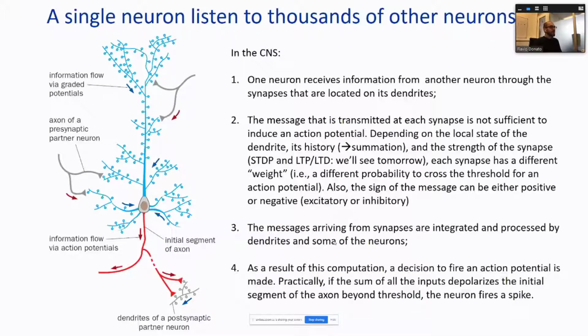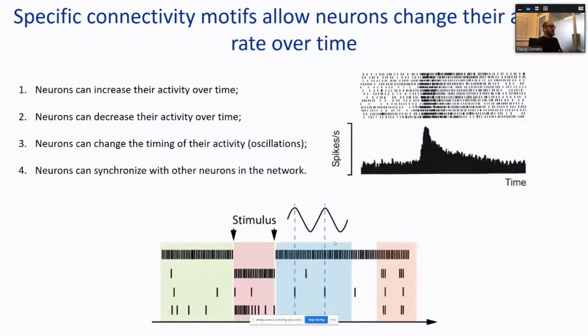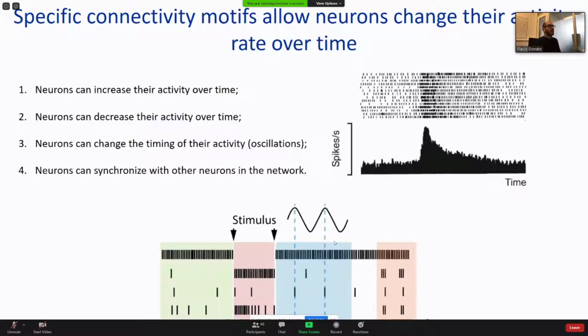This information carries a specific weight, which is the way in which neurons are able to select what communication should be strengthened and what communication should instead be weakened through LTP and LTD, so that one single neuron listens to 15,000 other neurons, and only if the message that these neurons are able to transmit is integrated and is able to cross the threshold for action potential at the axonal segment, this neuron is going to propagate information along the network.